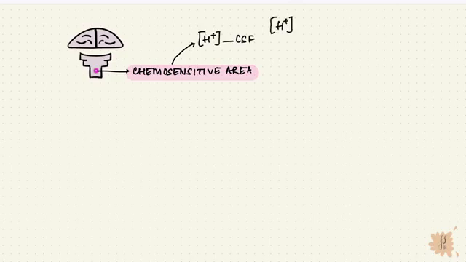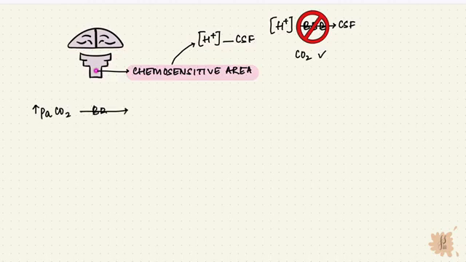The brainstem has a chemosensitive area near the center of inspiration. That responds to a change in the hydrogen ion concentration in the CSF. Hydrogen ions from the blood cannot cross the blood-brain barrier to reach the CSF, but carbon dioxide can. So if the carbon dioxide level in the blood is high, it crosses the blood-brain barrier and combines with water to form carbonic acid, which then dissociates into the hydrogen ion and the bicarb ion.